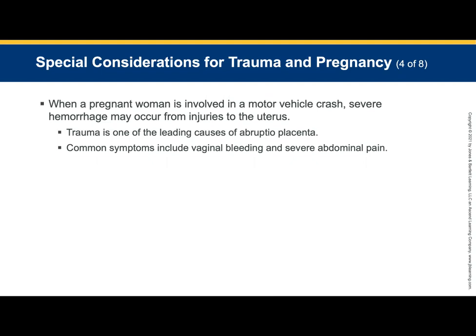If you're seeing it 15, 20 minutes after the event, it's probably been going on for a while. You should also suspect an abruptio placenta when the MOI is blunt trauma to the abdomen and the patient's signs and symptoms suggest shock. Common symptoms include vaginal bleeding and severe abdominal pain.